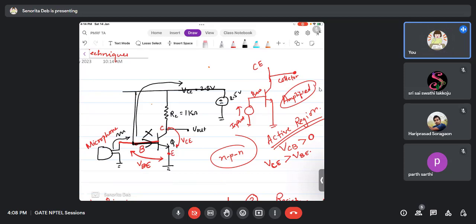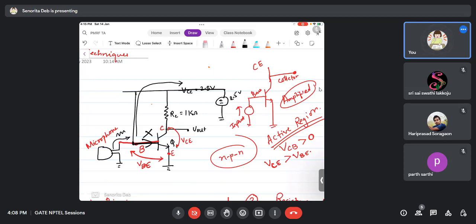You have to properly bias your transistor in such a way that it is in the active region, and a particular configuration, say common emitter, common base, or common collector, depends on where you are putting the input and where you are taking the output. The configuration is defined by your input and output.